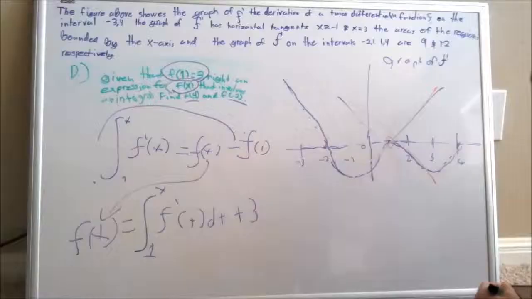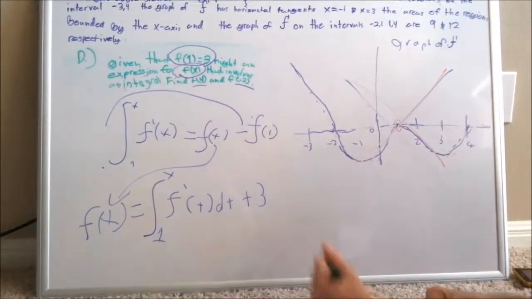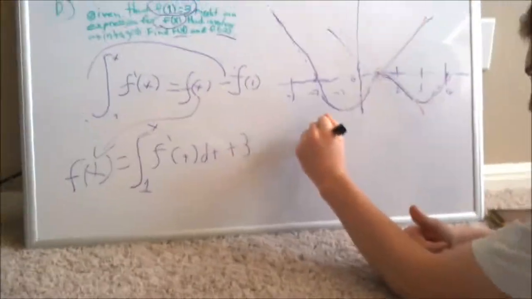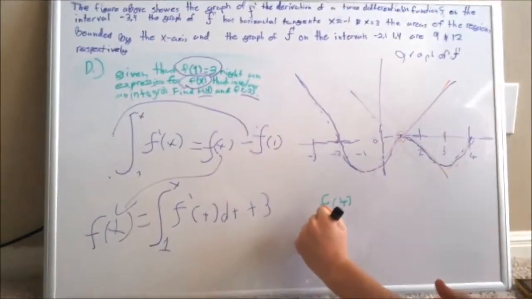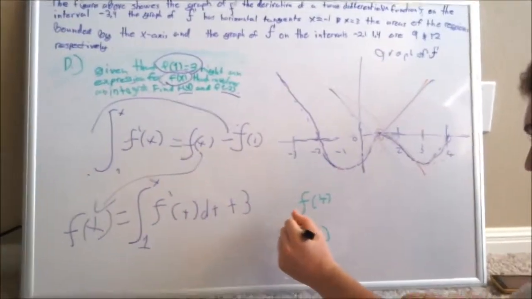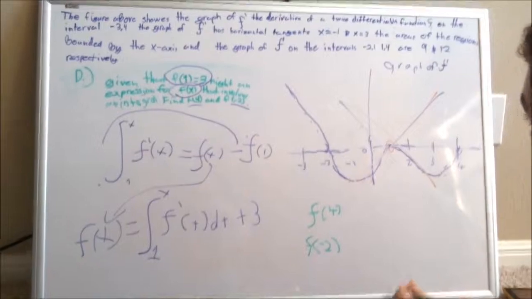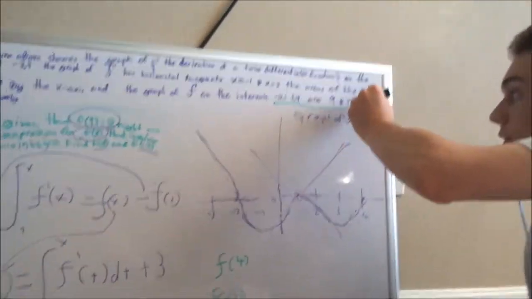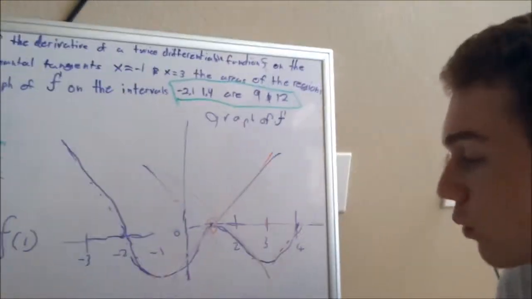Pause the video. Right, now the final steps are to solve for f at 4 and f at negative 2. Oof, long day. Now, to do this, it's a mixture of things. First, we need to go back to our original information and use this. The areas bounded from negative 2 to 1 and 1 to 4 are 9 and 12.